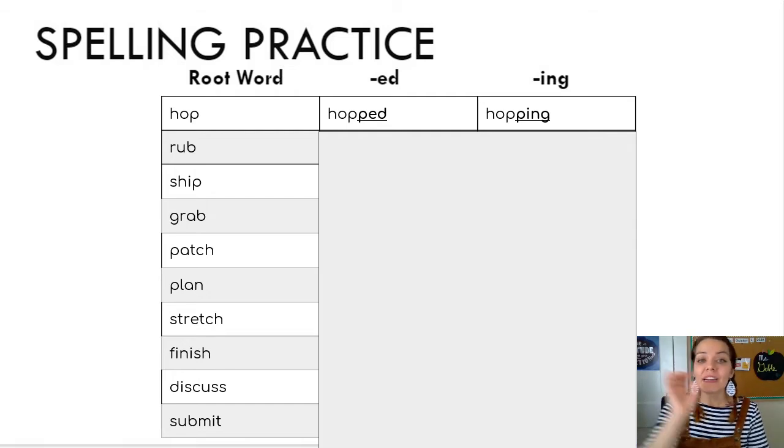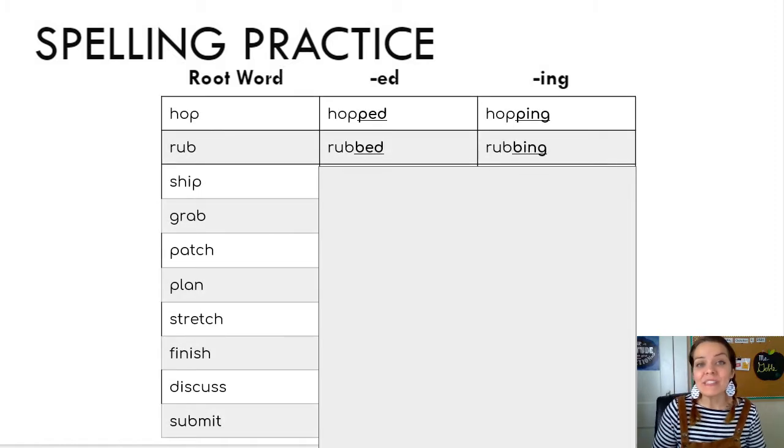When we have CVC words or consonant vowel consonant words, so H is a consonant, O is a vowel, P is a consonant, the final consonant has to be doubled before we add our suffix. So the final consonant in this case is P. So we had to double P before we could add ED and ING. Let's go on to our next word.